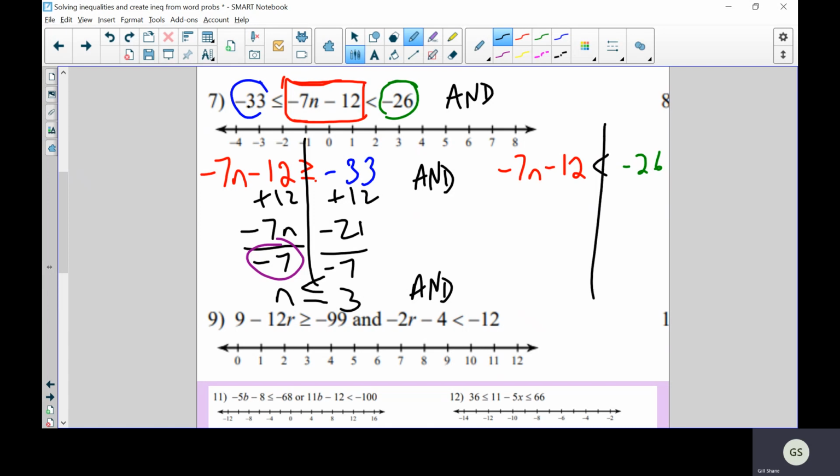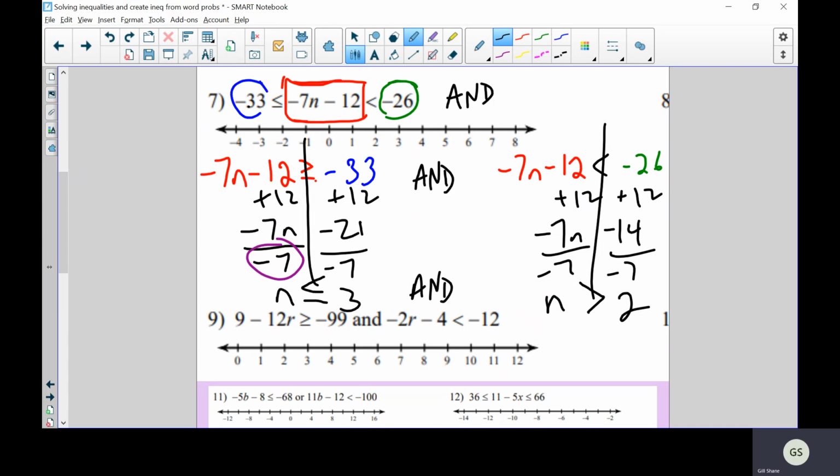And then I just solve this one over here. Plus 12, plus 12. That gives me negative 14. I bring down the negative 7n. Divide by negative 7 again. Well, again, I divided by a negative, so I gotta flip the sign, and I get n is greater than 2. So my final answer is that n has to be less than or equal to 3, and it has to be greater than 2.